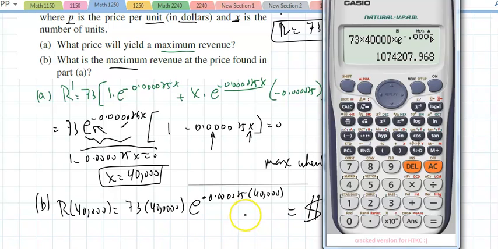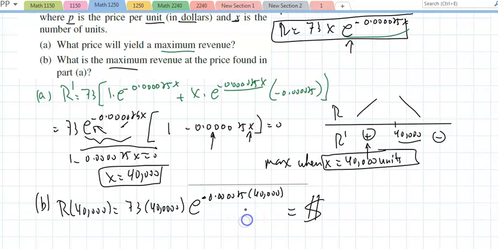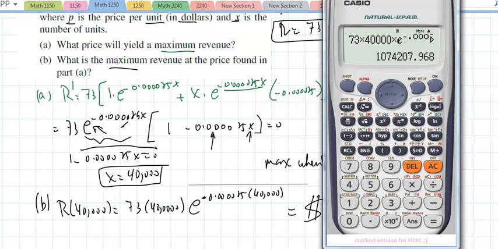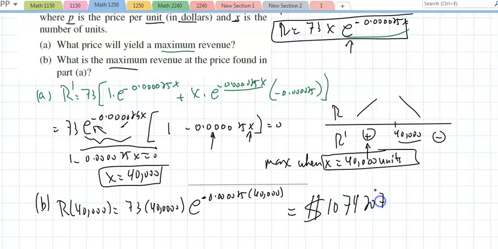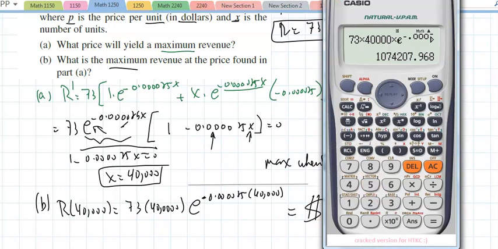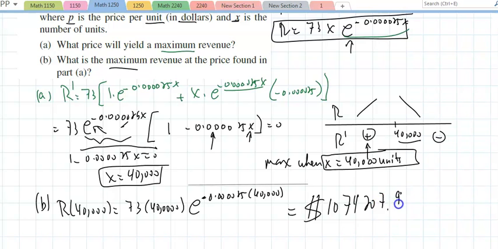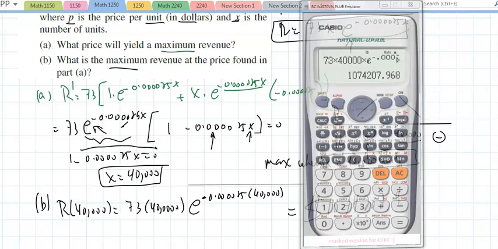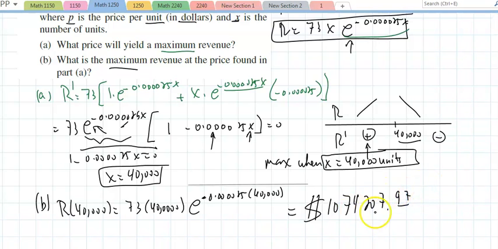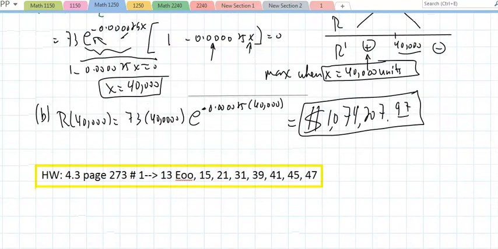And I'm getting 1,074,207.97. So that is $1,074,207.97. And there's our homework for this section.